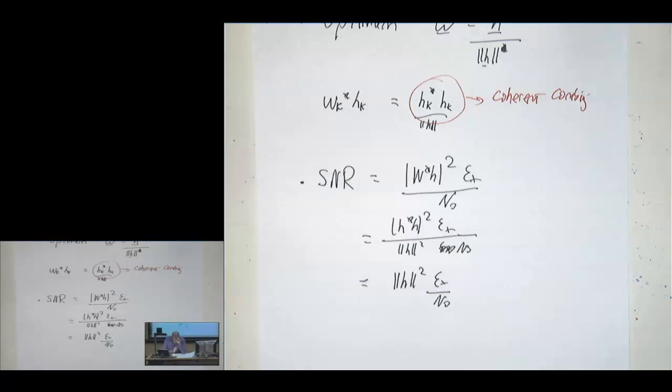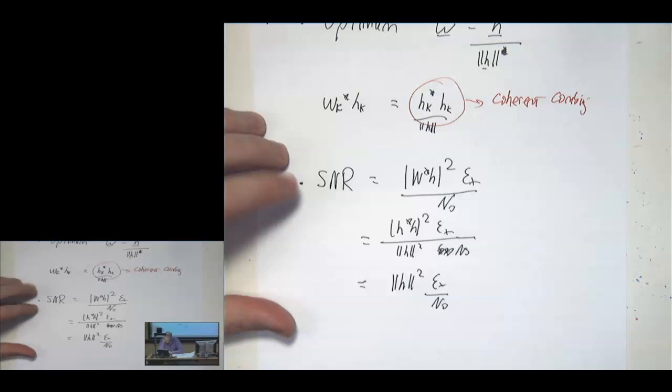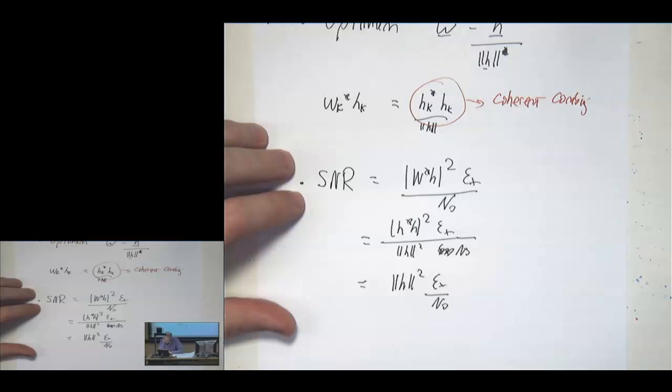I'm just thinking here, I still think I need a normalization here. Where did it go? Okay, so hopefully this is correct here.